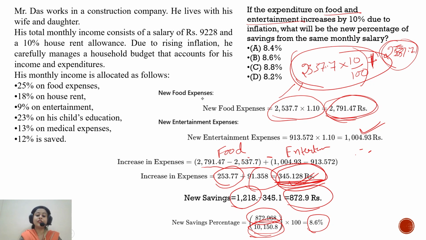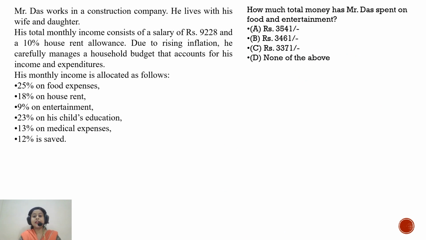So for this kind of question, first you have to find out your new expenditure on both items, then find the amount of increment, then subtract this increment from the savings, and after finding the percentage, you will get 8.6%, which is our option B. Let us move to the next problem.